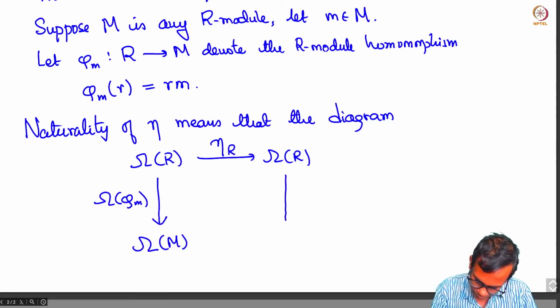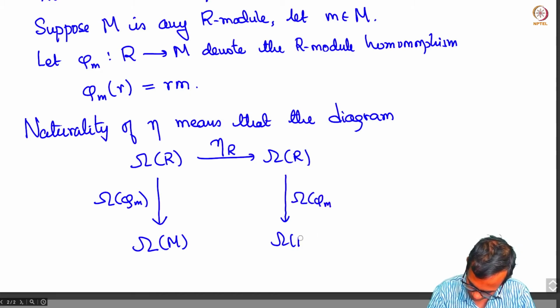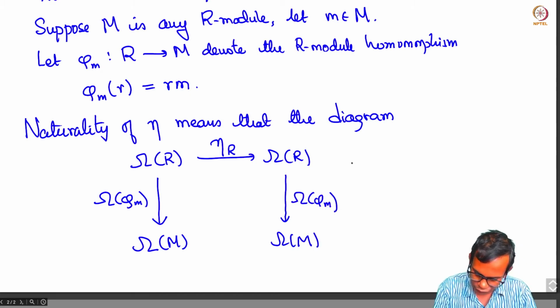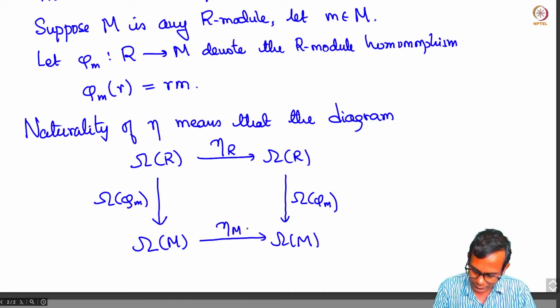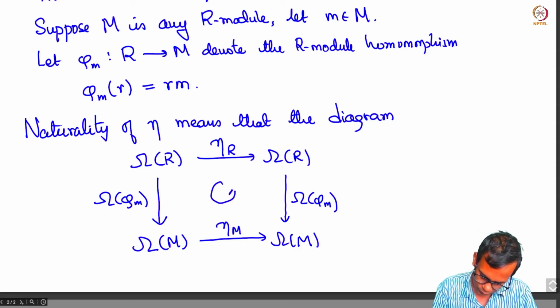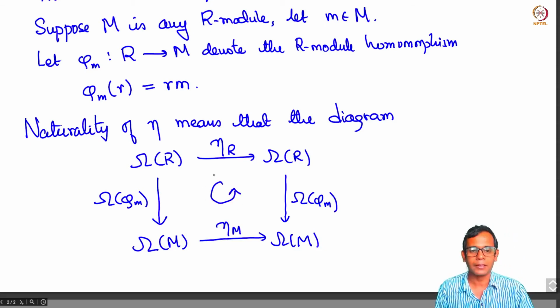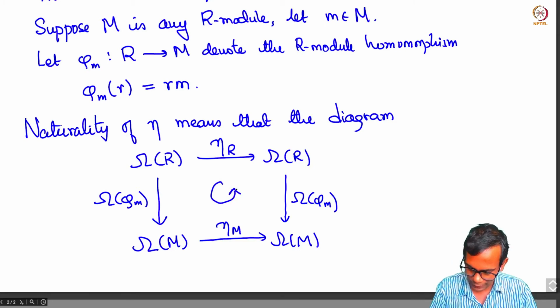And here we have omega R to omega M, also omega phi M, so again phi M as a function, and here eta M. Naturality means that this diagram commutes, and we signify commutes by drawing a circular arrow like this.